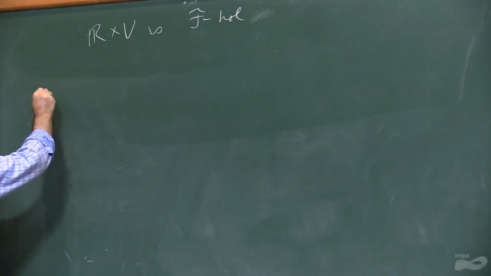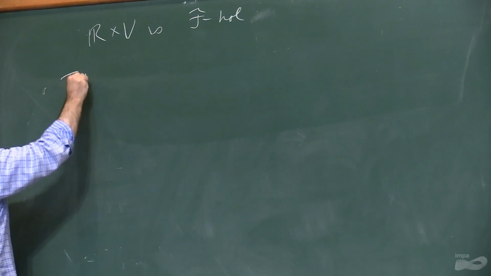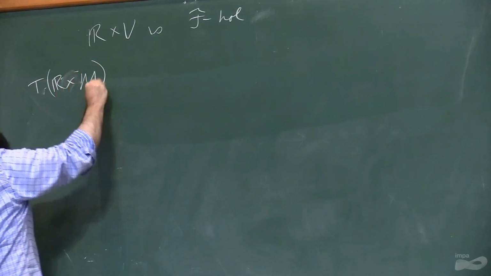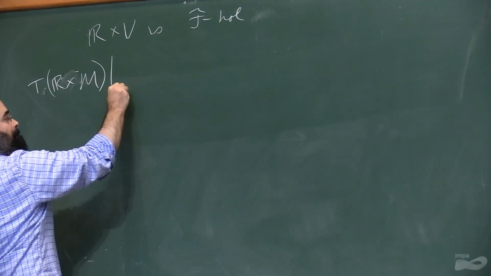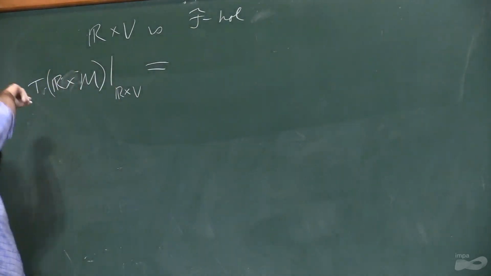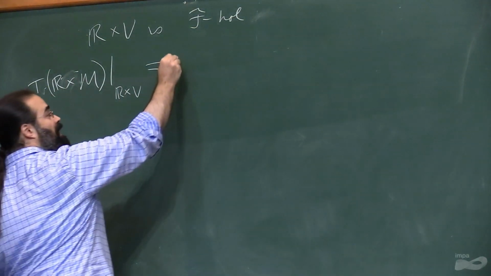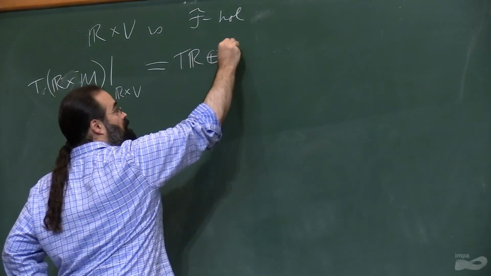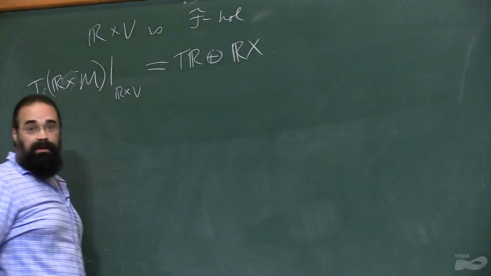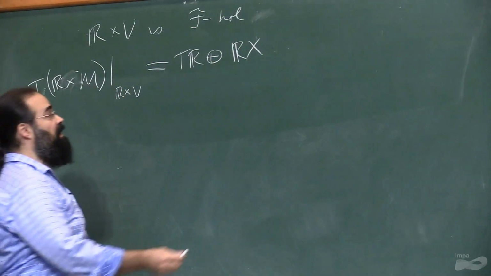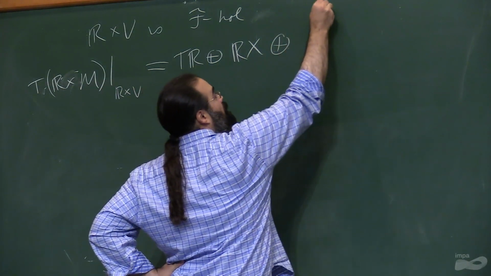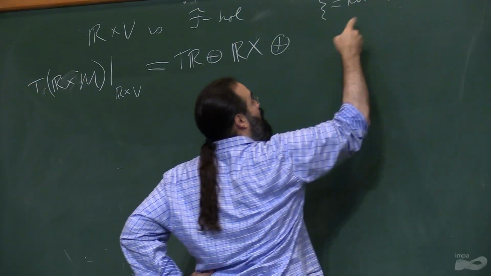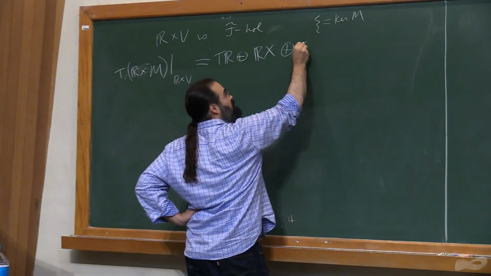So how do we do that? Well, along V, if I look at T(R cross M) along R cross V, I can further break down the splitting I had here. I've got TR, I've got the component from the Reeb vector field, which is tangent to V, and then I've got the kernel of lambda in M, but I can break this down into two components.